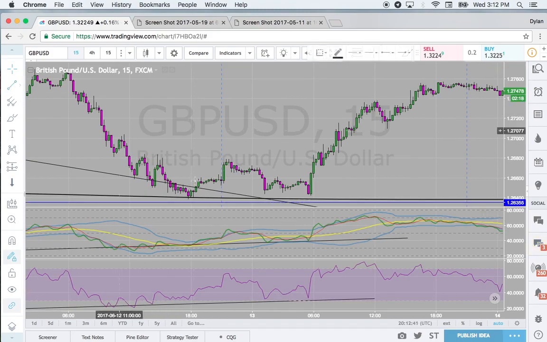So we can see this W formation to the low of the day here. This is right at the beginning of New York session. This may be right at the ending of London session, or the ending of Asian session. So what we see is price downtrending, and yet the indicator is uptrending.